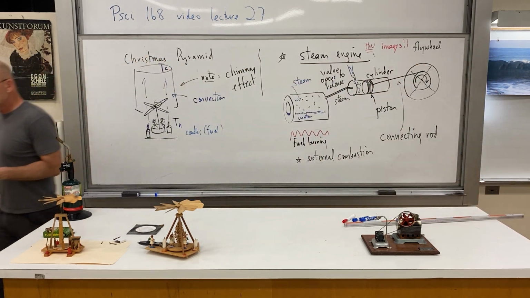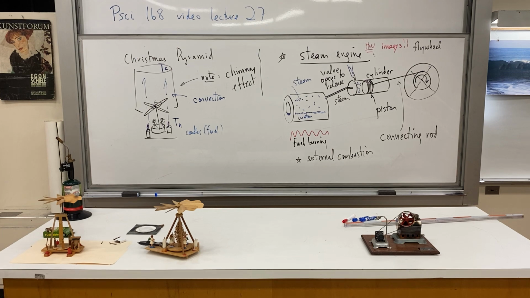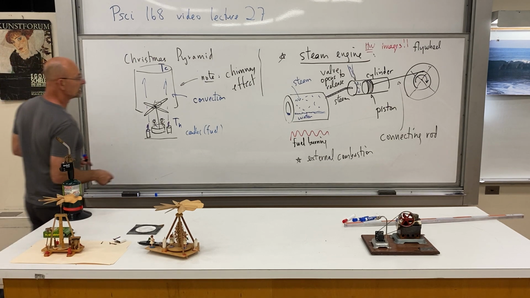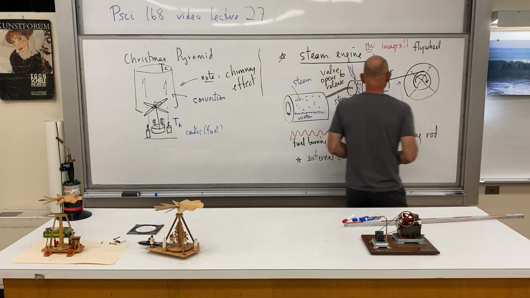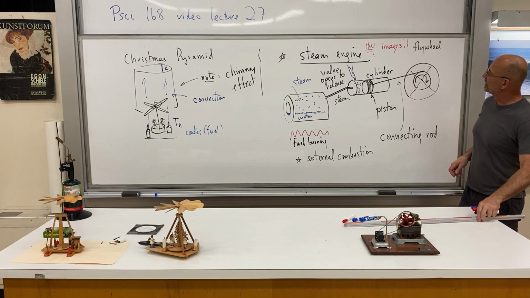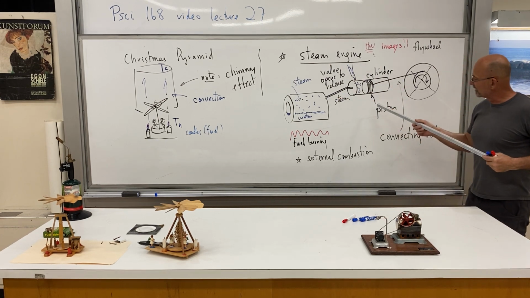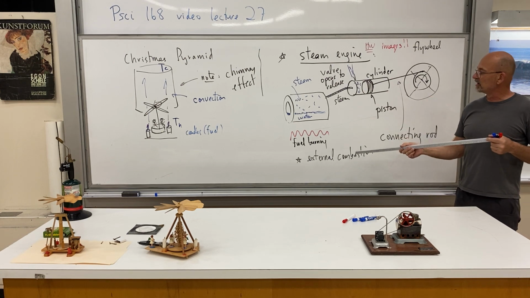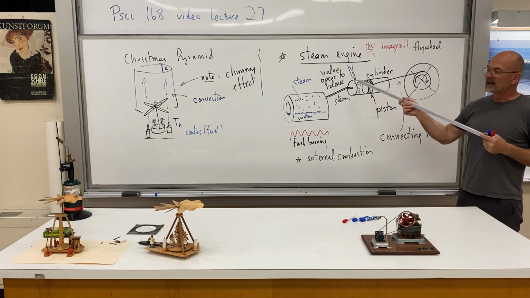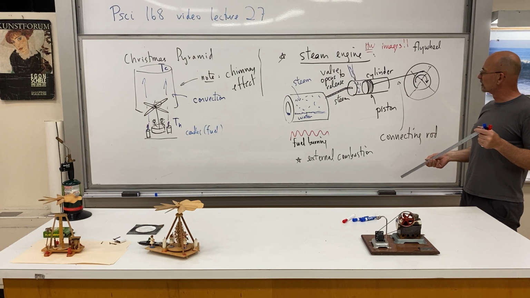This may be as much as we have to do today. A little bit more, but I want to send you guys out to find images of the Christmas pyramid, of the steam engine, and diagram what I just showed you here. And the ones you find online may actually have some nice diagrams of what's going on here as well.